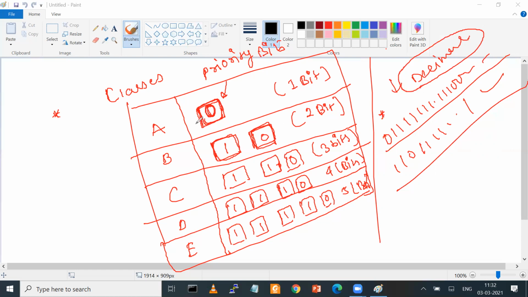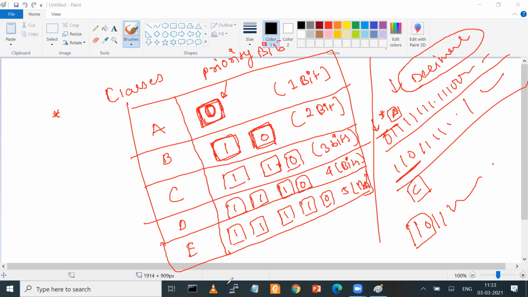Then only can we understand whether it is class A or B. But if you know the priority bit concept, the leading bits concept, then on the basis of the first 3 bits you can define it. If the first bit of the first octet is 0, you can easily say it's class A without calculating anything. If you see the first 3 bits look like this, you can say class C. If you get 1 0 1 1 something, you just have to check the first 3 bits and you can say whether it is A, B or C. So you now know which class it is.